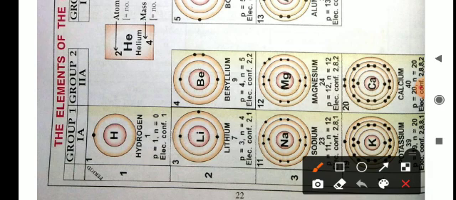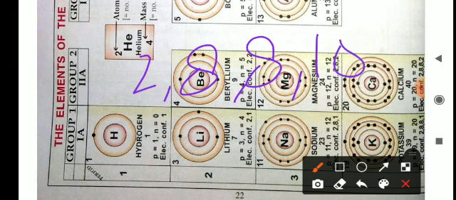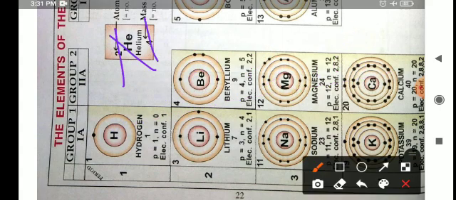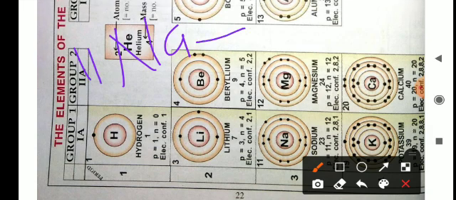The general rule for the electronic configuration is 2, 8, 8, 18. According to this, you can take your atomic number and divide it into the electronic configuration. For example, in the case of sodium, the atomic number is 11. Then what will be the electronic configuration?